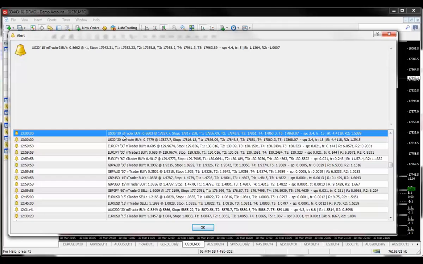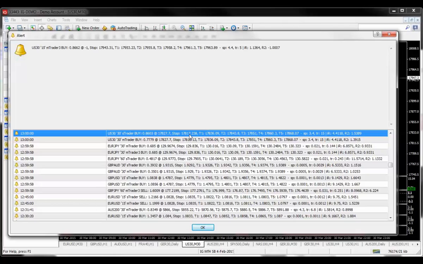So here we have an alert, the Dow 30-minute candle, S trader, it's a buy. It's 0.86 lots, or 8.6 minis. Entry price 17827.7, so we might want to enter at 17828. Stop price 17817.23, so our stop might be 17817.